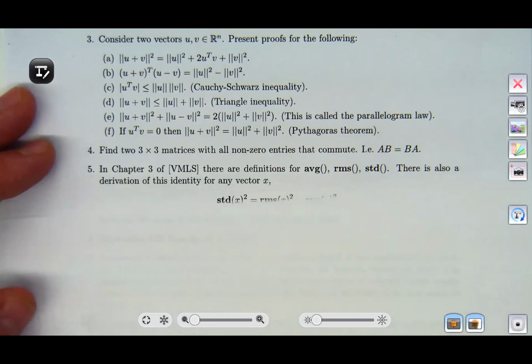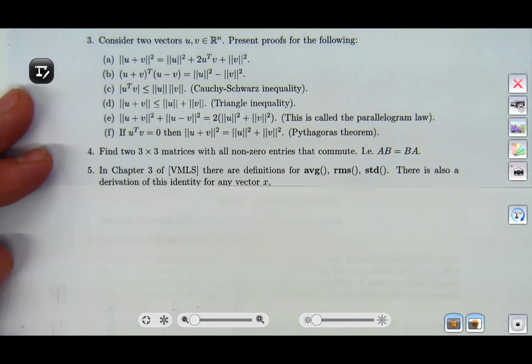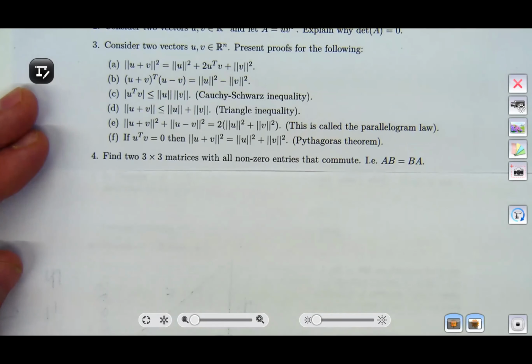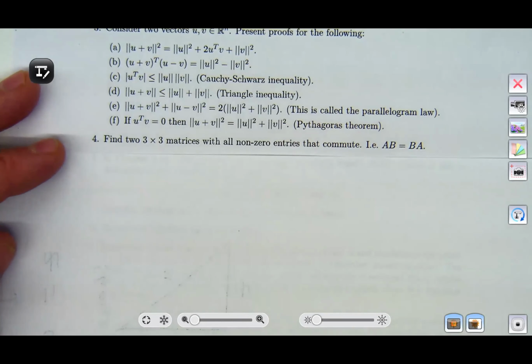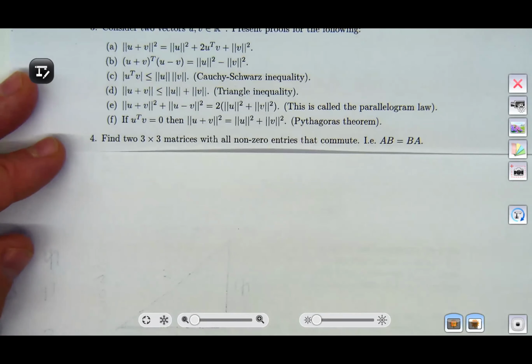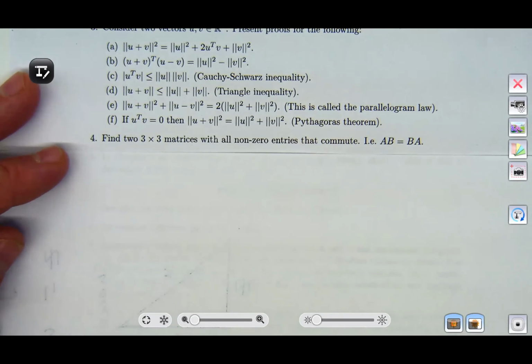All right, let's have a look at question 4. Meanwhile, I'll peek at the time. Okay, great. Find 2 3x3 matrices with all non-zero entries that commute. So no entry of A or B should be equal to 0, all right?